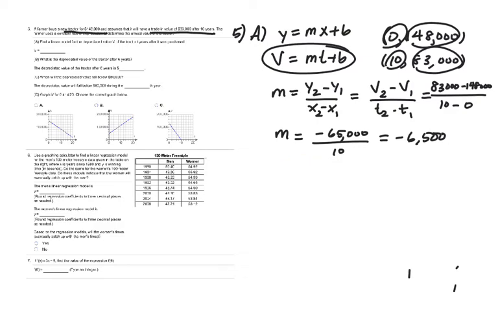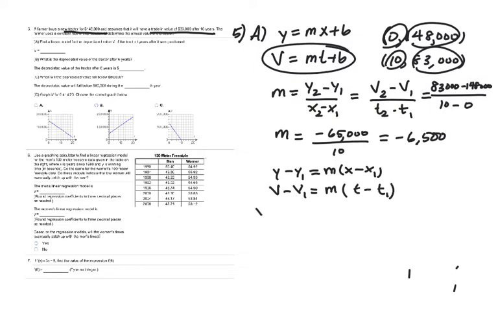Okay, now we want to write a linear equation. We can start with a point slope form. So instead of having y minus y sub 1 equals m times x minus x sub 1, we'll use the value v minus v sub 1 equals our slope, which we've just found, times t minus t sub 1.